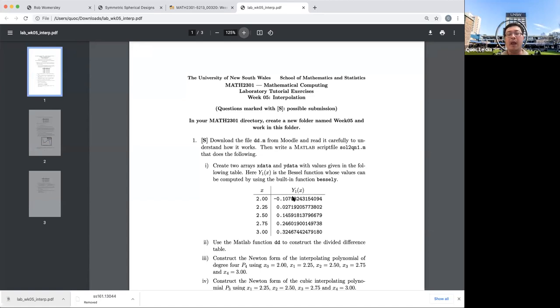Now we will use the Bessel function and try to construct the polynomial that approximates that function. First I will define the vector x.